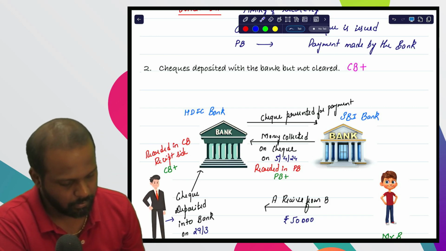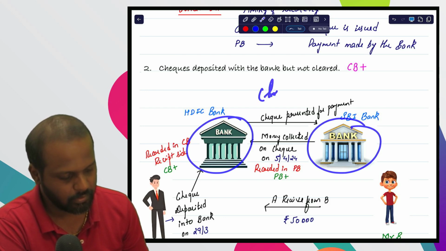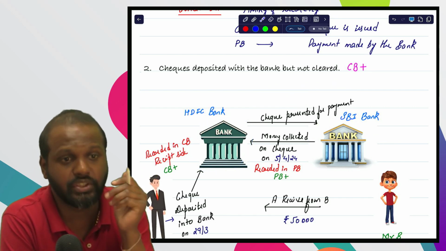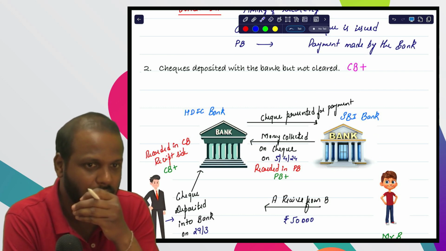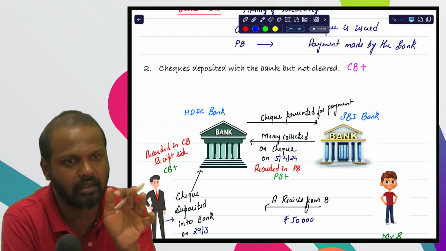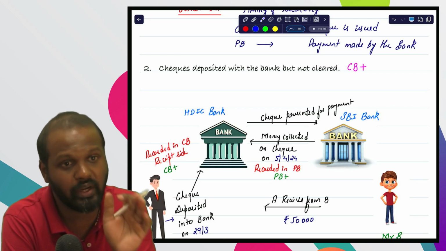So between my bank and your bank, in the middle there will be an agency called clearing house, whose work is to do the clearing of the check. So my bank manager will tell that, sir, your check is being sent to clearing house, but check is not yet cleared. That's the reason you have not received the money in your passbook or in your bank account. So you have to wait for it.